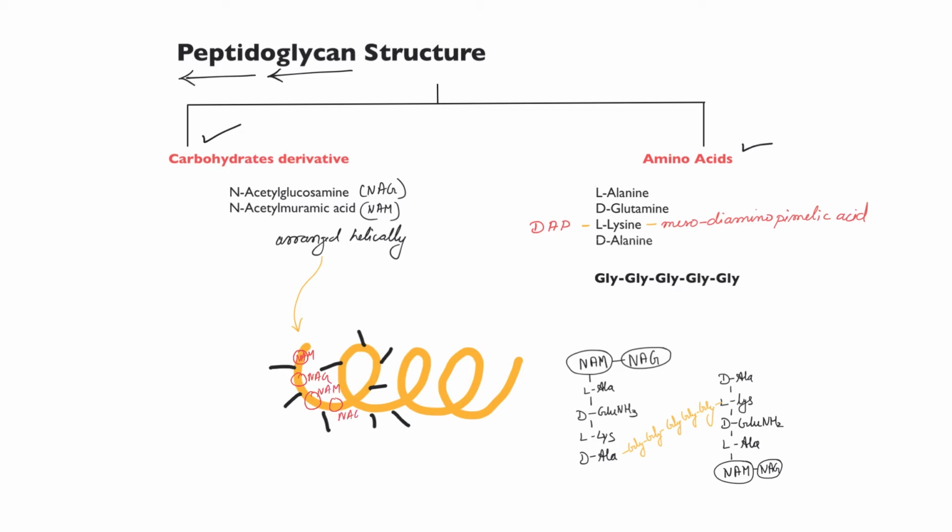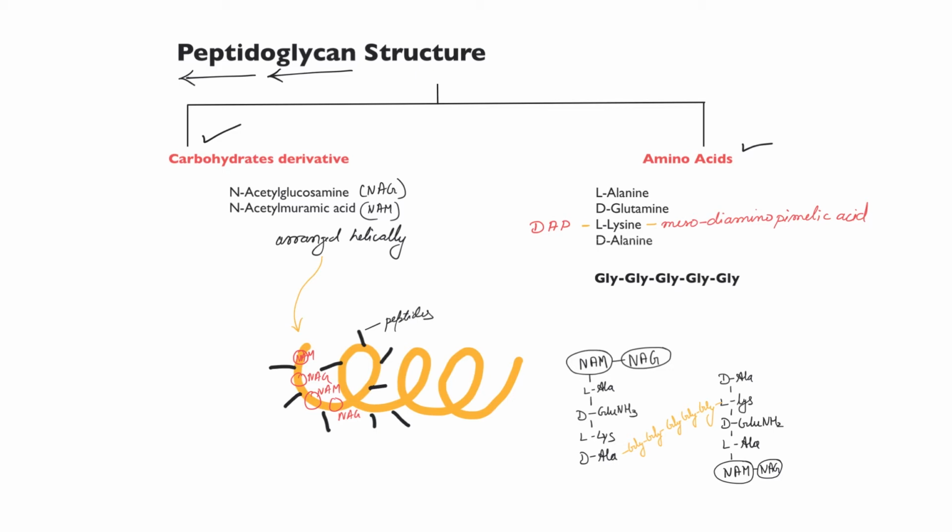This forms the skeleton of the peptidoglycan molecule. Now, you'd be wondering what these streaks coming out are. These are peptides, a chain of amino acids.